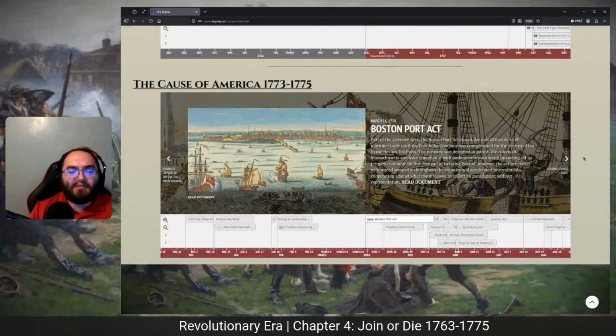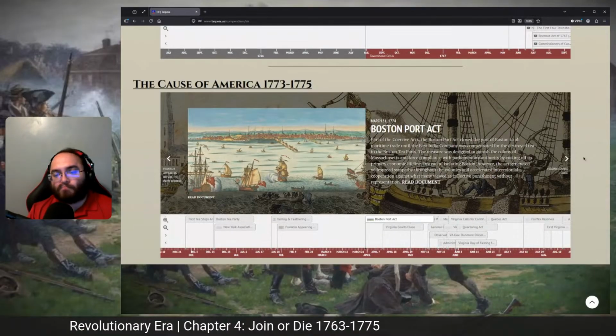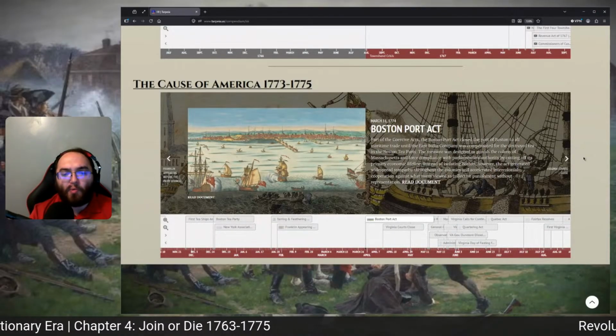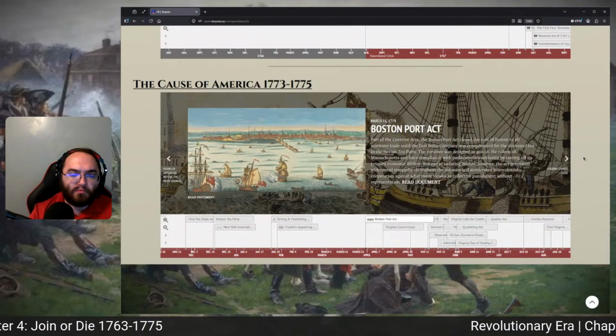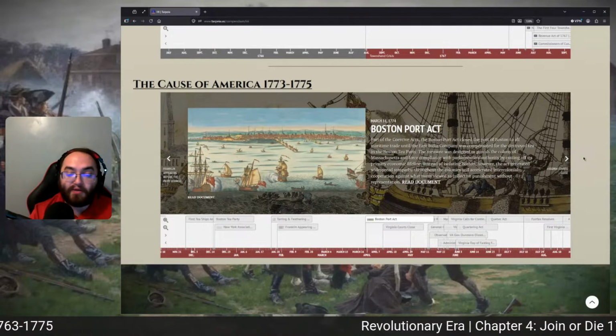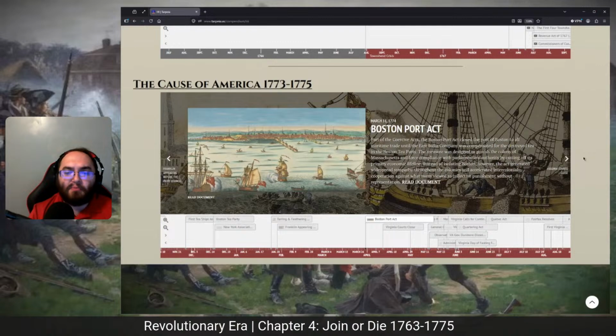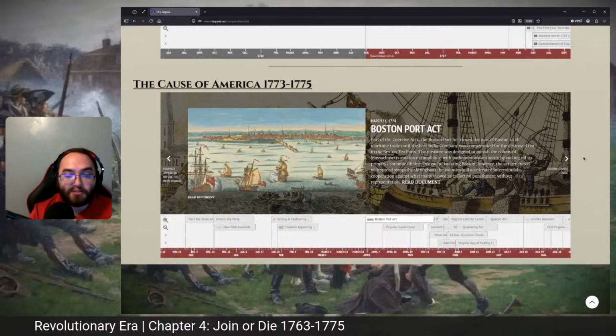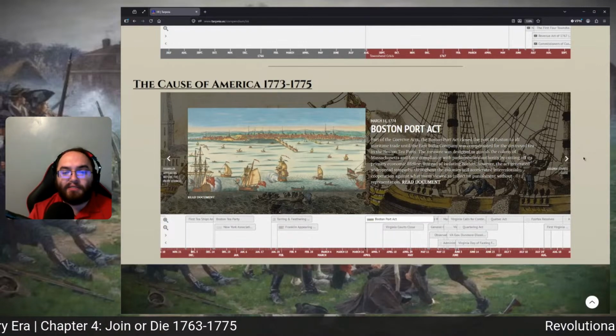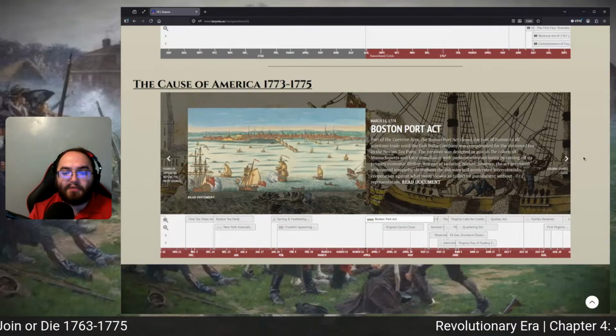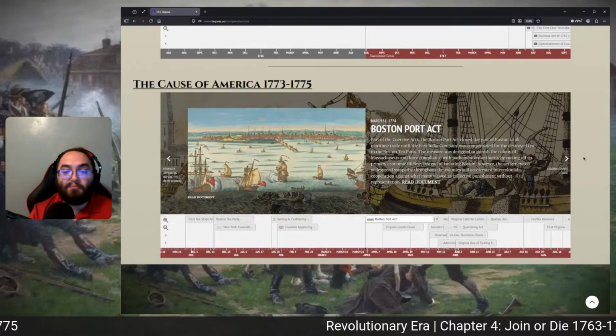And then you have the Boston Port Act. This is the first of the Coercive Acts, as the British called them. The Patriots called them the Intolerable Acts. The Boston Port Act closed the port of Boston to all maritime trade until the East India Company was compensated for the destroyed tea in the Boston Tea Party.